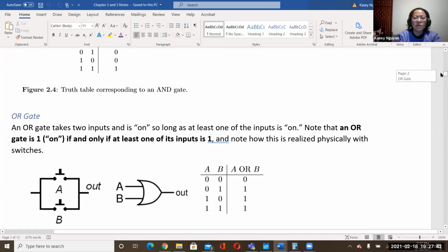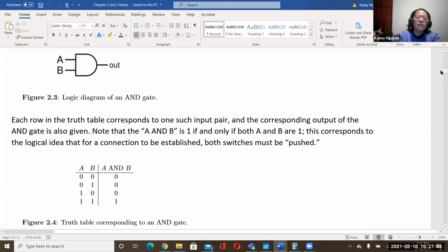Okay, so let's look at the AND. When you have A and B, 0 and 0 gives you a 0. 0 and 1 gives you a 0. 1 and 0 gives you a 0. 1 and 1 gives you a 1. So in the AND operator, anytime you have a 0, you get a 0 output.